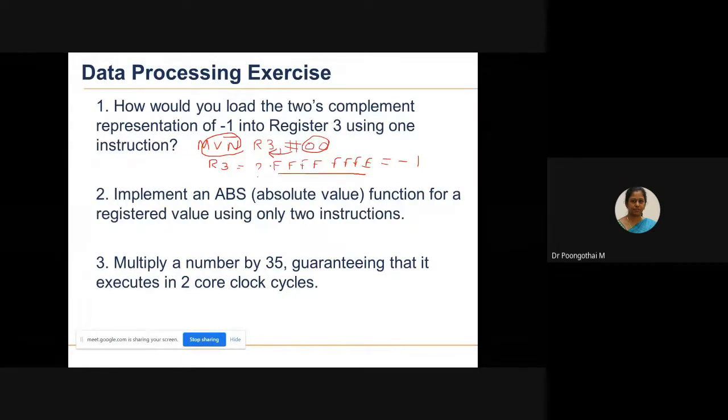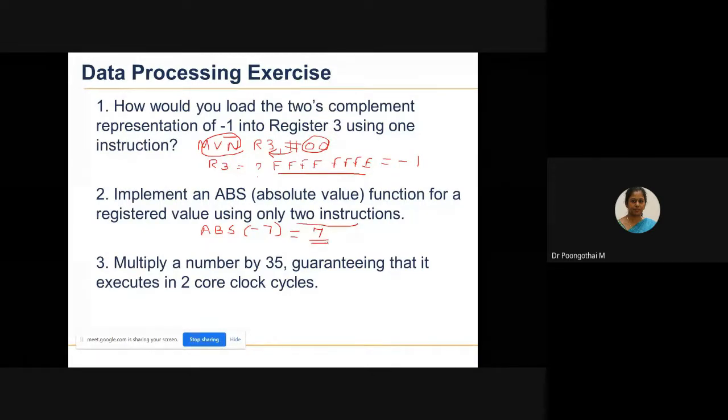Okay. So what is this one? Implement the absolute value function for a register value using only 2 instructions. Suppose your input is -7. After executing these 2 instructions, you should get 7.